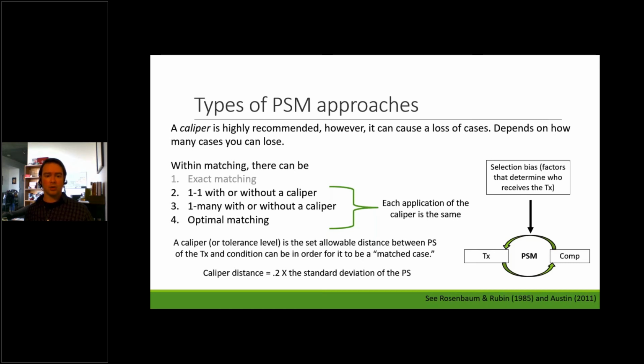A caliper, also known as a tolerance level, so in SPSS, I think it pops up as tolerance level, is the set of allowable distance between the propensity score of the treatment and comparison cases. So how far apart can those cases be in their propensity score in order to be determined a matched case? The accepted caliper distance is typically 0.2 times the standard deviation of the propensity score. It used to be 0.25 according to Rosenbaum and Rubin, but has recently been pushed to be a little bit tighter.